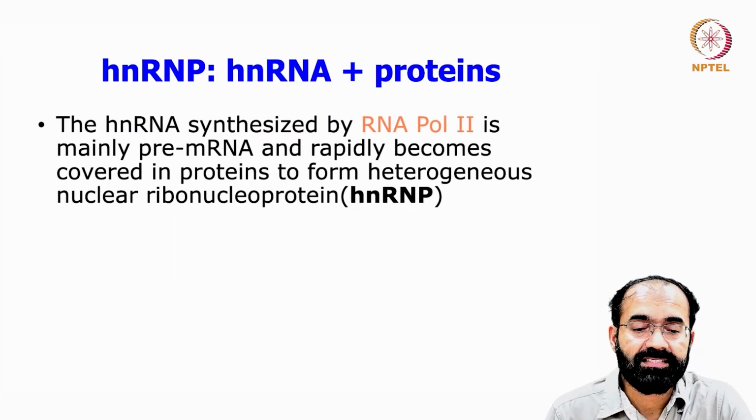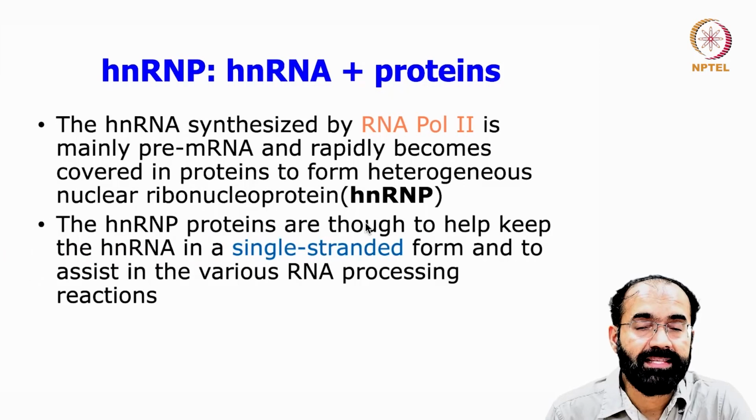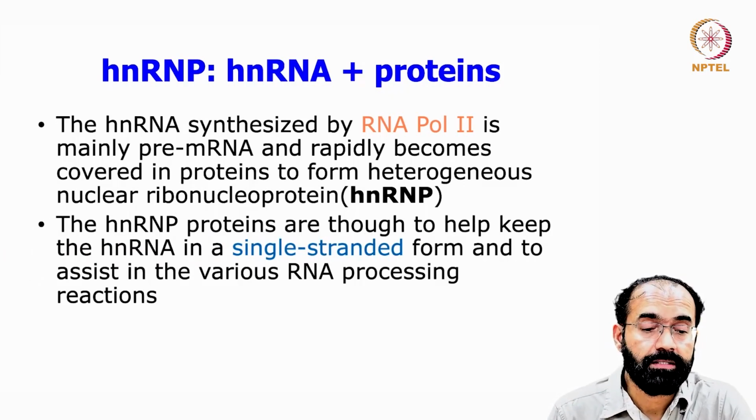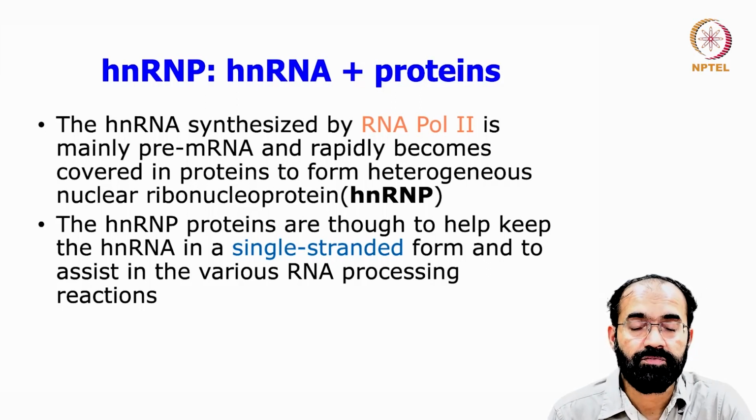The hnRNA synthesized by RNA polymerase II is mainly pre-mRNA and rapidly becomes covered in proteins to form hnRNP. And the hnRNP proteins help to keep the hnRNA in a single stranded form.